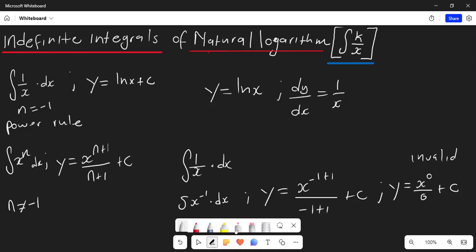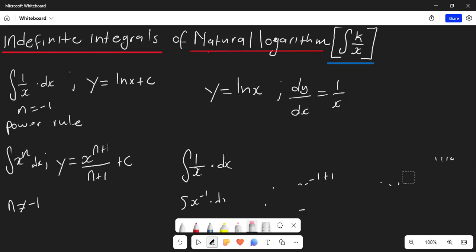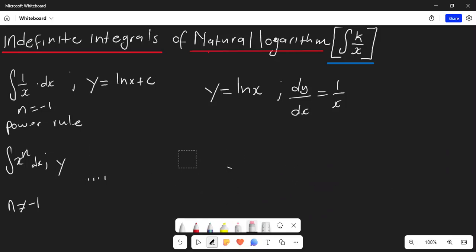Let me erase here so that you don't get confused, because this rule, the natural log integral, is confusing. I've seen a lot of people have challenges when they have to do it. They confuse it a lot. So let's do it here.